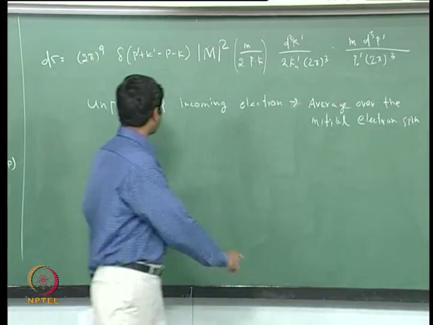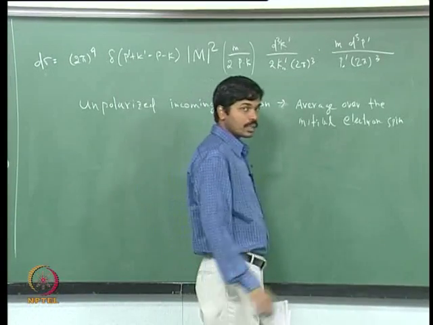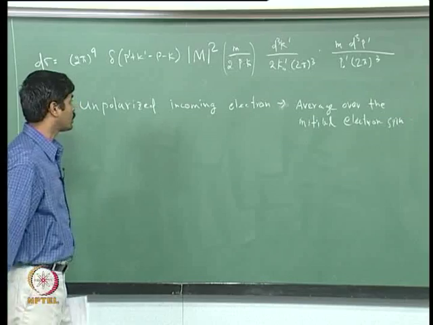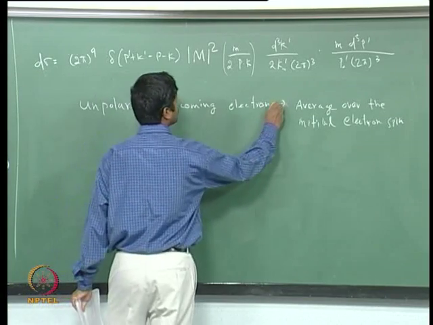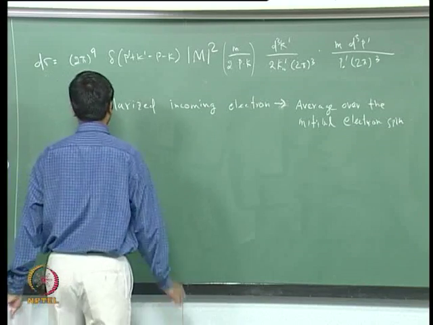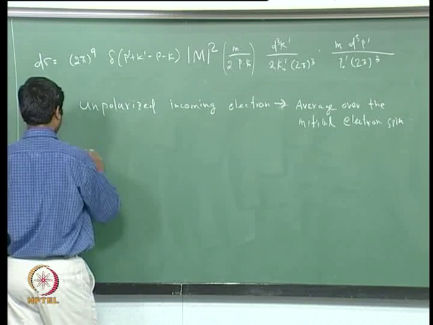Then we will also assume that the polarization of the outgoing electron is not detected. Therefore, what you need in the cross section is that you have to sum over all possible outgoing spins.